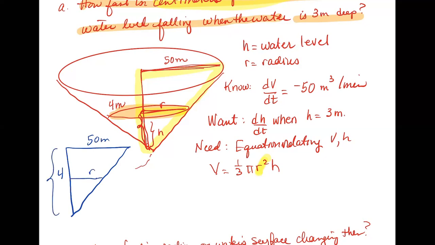This is R, and this is H. One way we could do this is use the fact that ratios of corresponding sides of similar triangles are equal. So we would have R over 50 is equal to H over 4. So R would be 50H over 4, which is 25H over 2, or 12.5H.